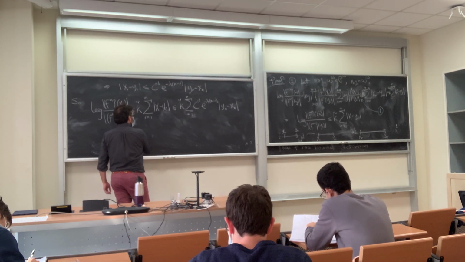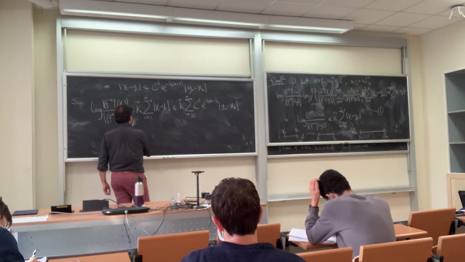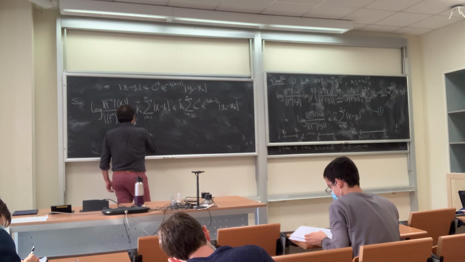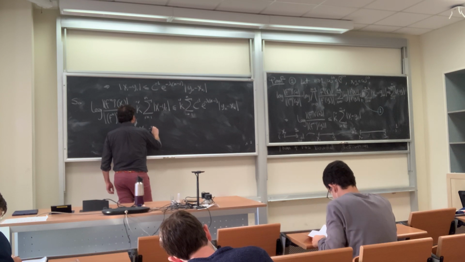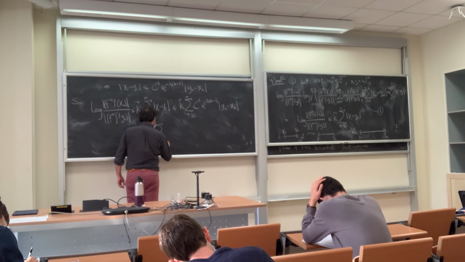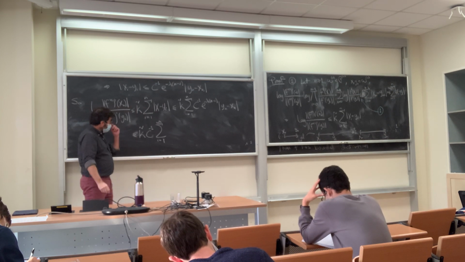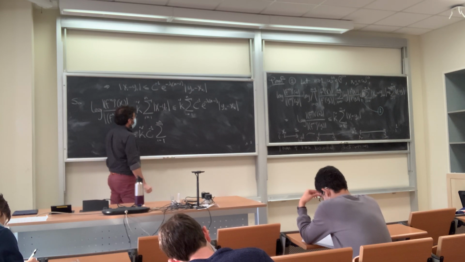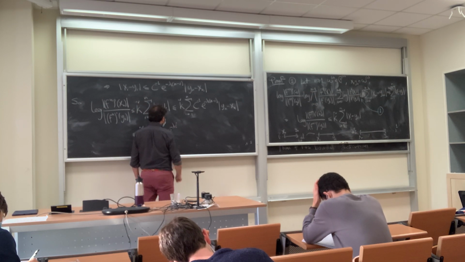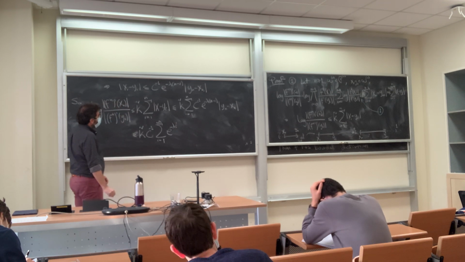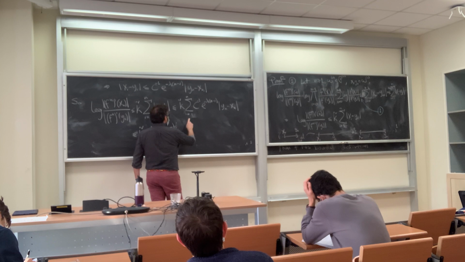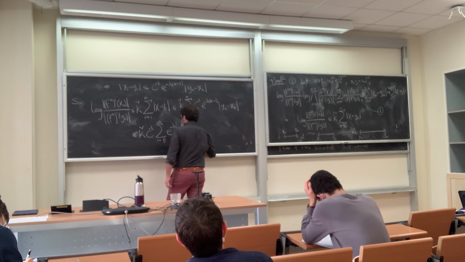Which is just less than or equal to k tilde c to the minus 1, sum i equals 1 to infinity of e to the minus lambda i. I made it i equals 0 because when i is equal to n, this is 0, yes.